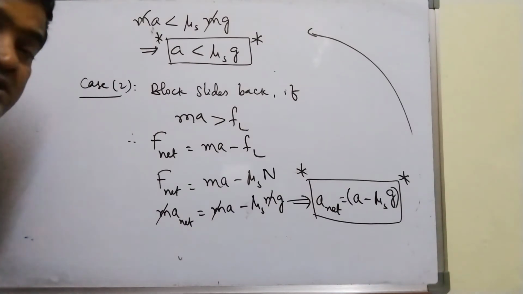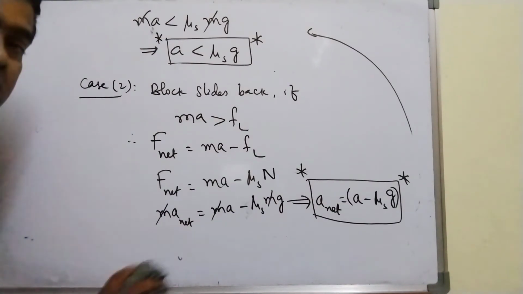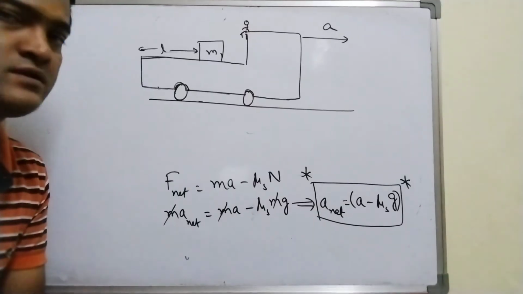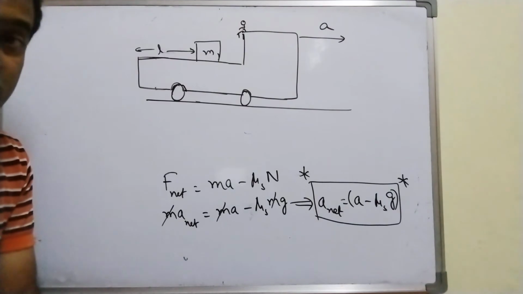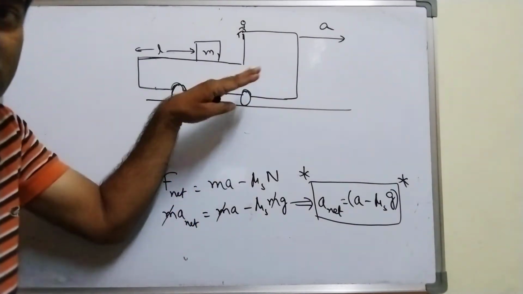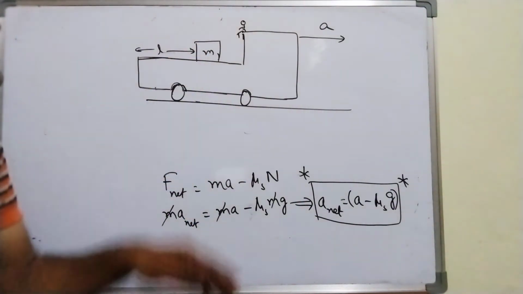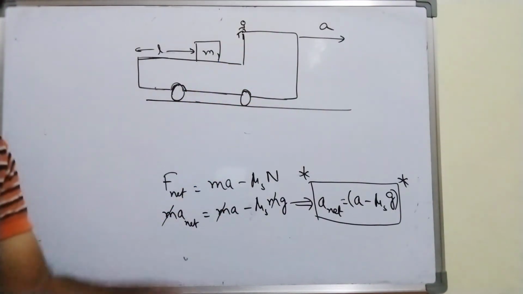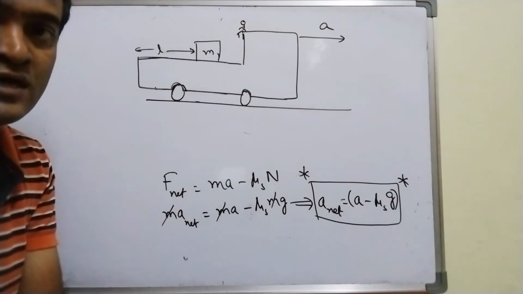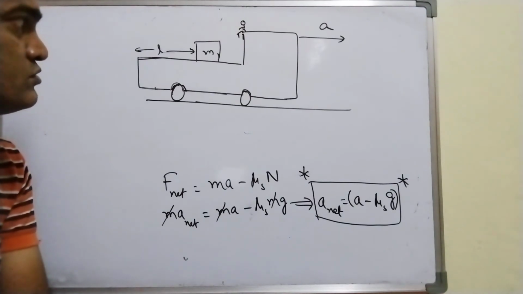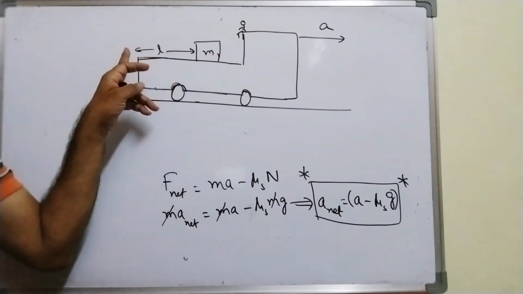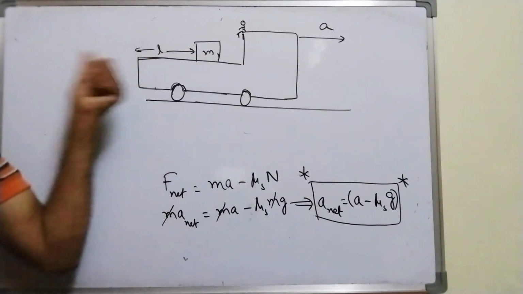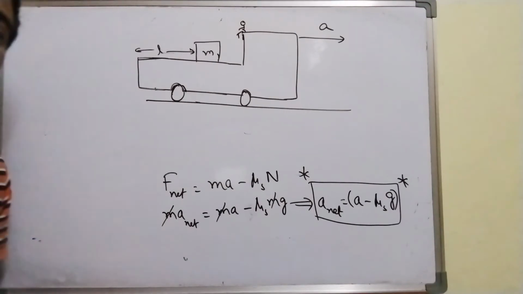Now, in the diagram, I have drawn it again. You can notice it is the same diagram, but I have drawn it above. Here the person, the observer, is in an accelerating frame of reference. If L is the distance travelled by the block towards the left side, in what time will it fall down?